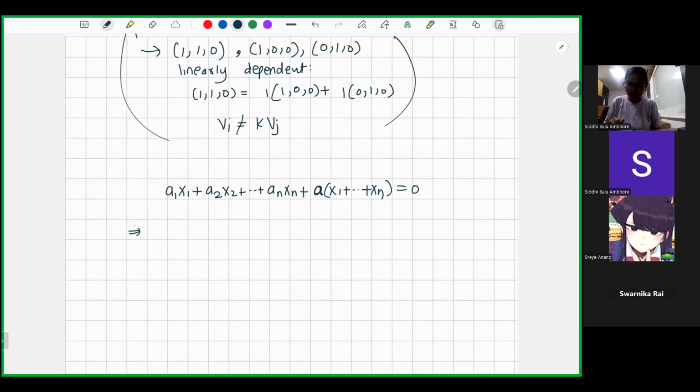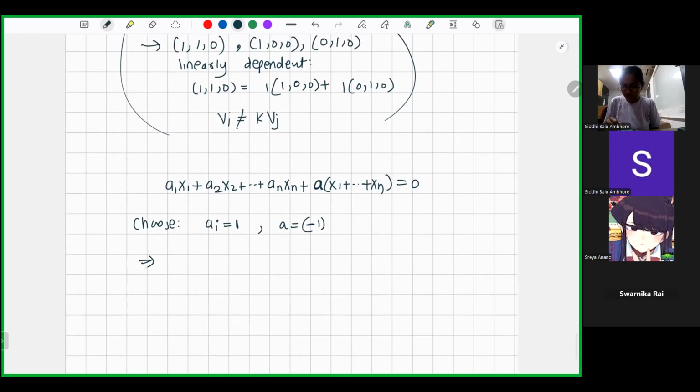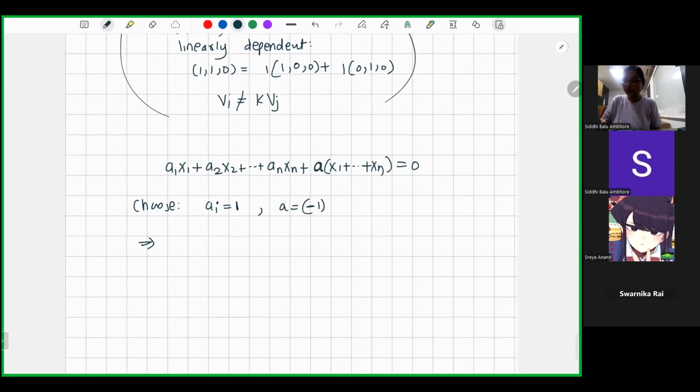If I choose one ai to be 1 and another to be minus 1, note that this 1 and minus 1 make sense in any field.